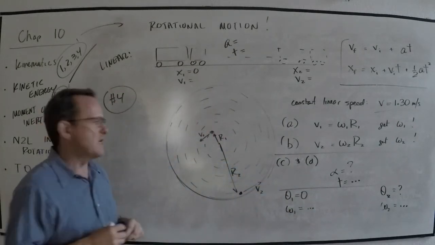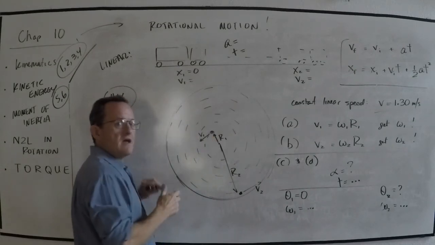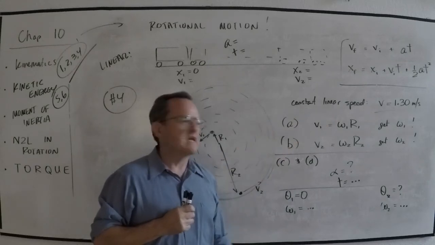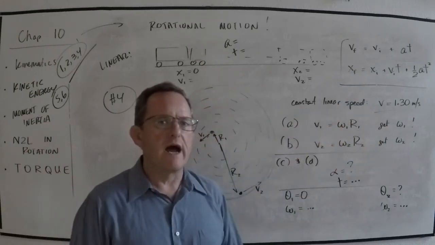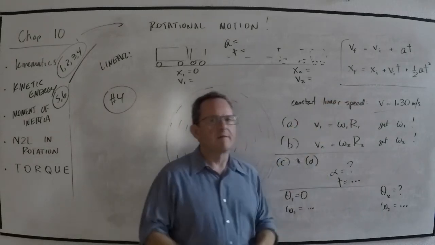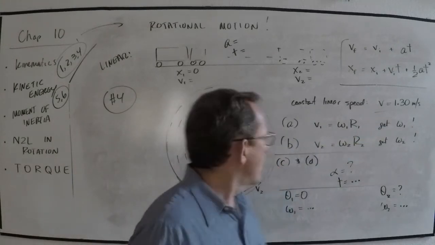Now you can imagine the lens is basically following the track. The lens gets 1.3 meters of track every second for this many seconds. Can you tell me how many meters long that track is? That's the speed, that's the time. Get me the length of the track. That's it. So that's number 4.